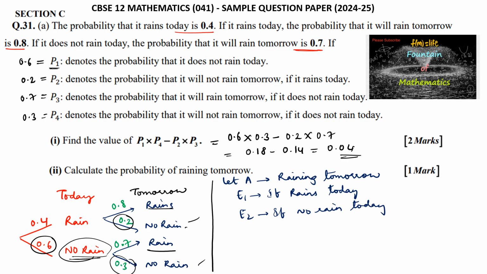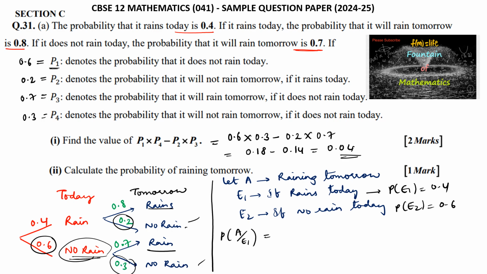Then we can write probability of E1, rains today, is 0.4 and probability of no rain today is 0.6. Now let's consider the probability of raining tomorrow given that it rains today, that is P of A by E1.